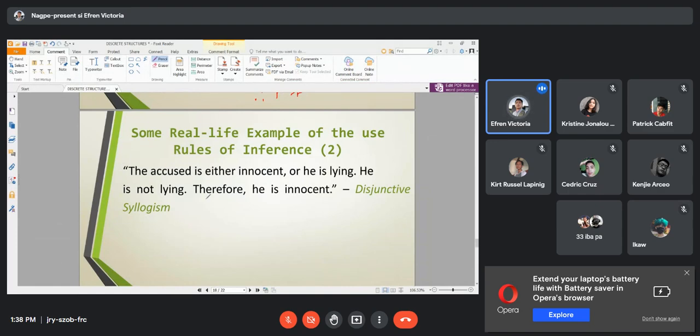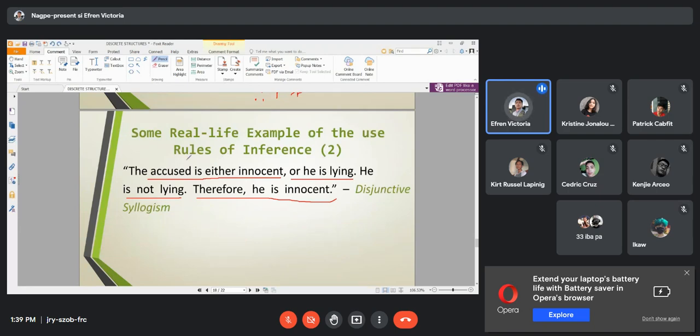So ito yung conclusion natin. Ito yung premise natin. So disjunctive syllogism, sige, solve muna natin.